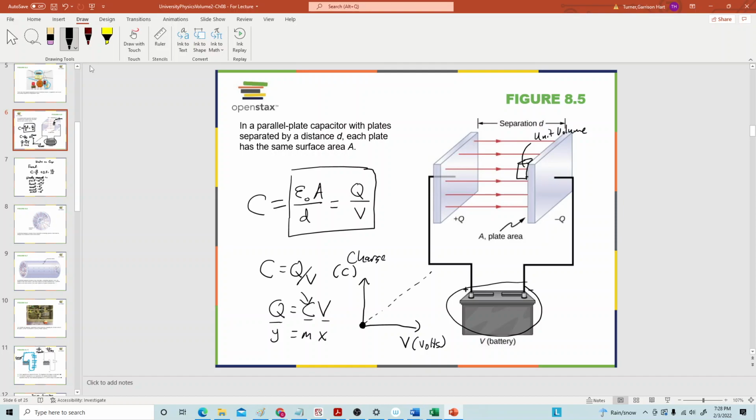What I would do is find out how many unit volumes I had by calculating the volume between the plates, which is the area of the plates times the distance d between them.